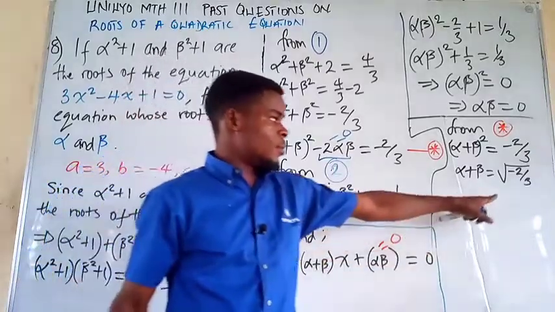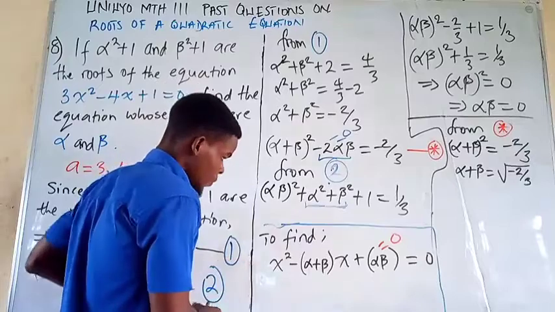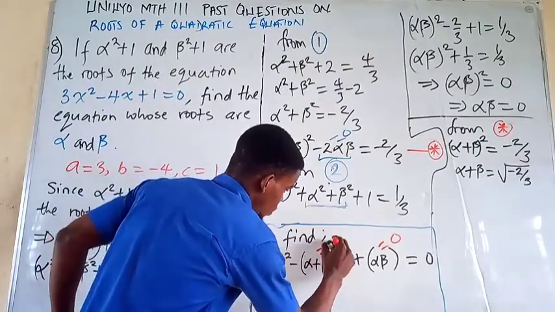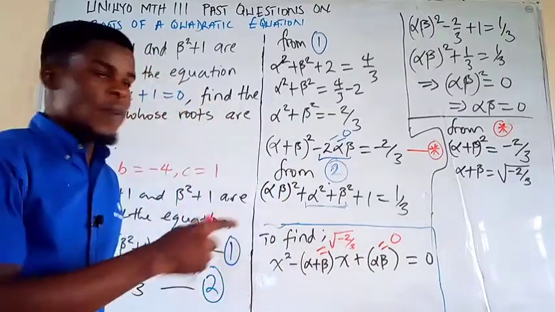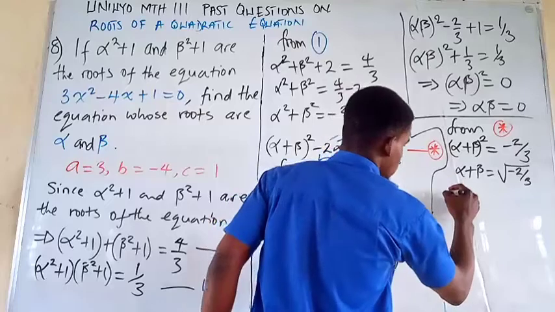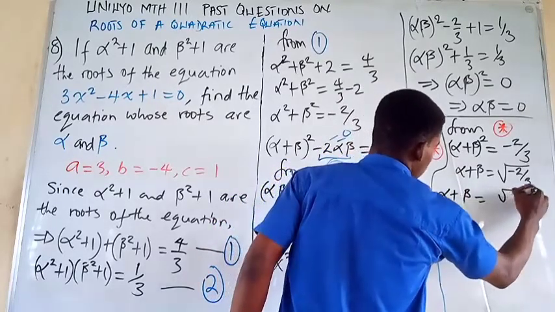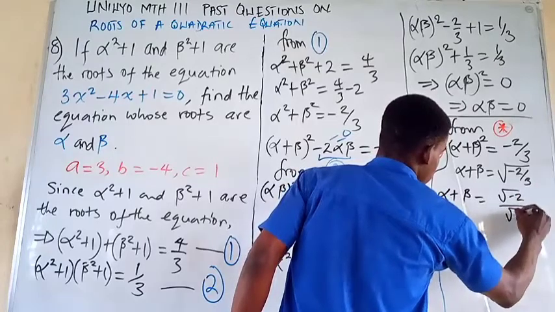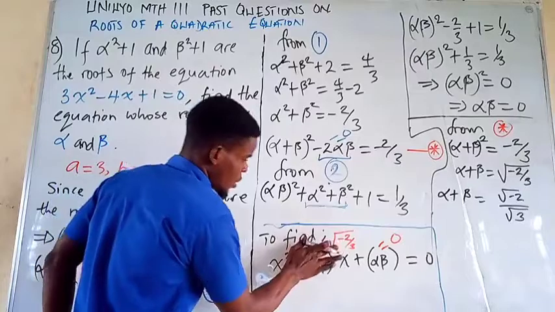So we just have to take the square root of negative 2 over 3 in place of this. So it's going to be square root of negative 2 over 3. Maybe I just have to rewrite that. I don't like it that way. Maybe I'll just have to split that into 2 by putting it this way. Square root of negative 2 on top divided by square root of 3 at the bottom, alright? So, okay, that makes sense.